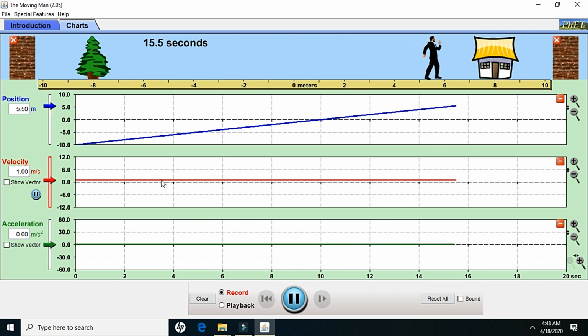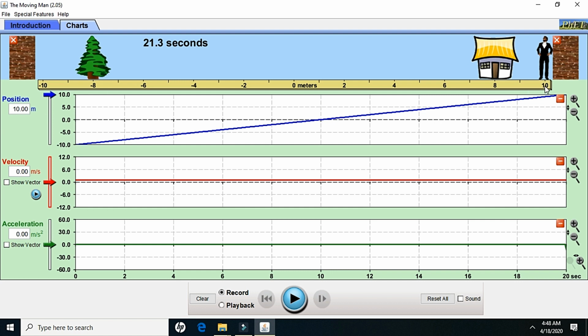Velocity is 1 meter per second. So from this example we can see that if velocity is constant, 1 meter per second, then position will change. After 21.3 seconds, he must have covered some 20 meters.